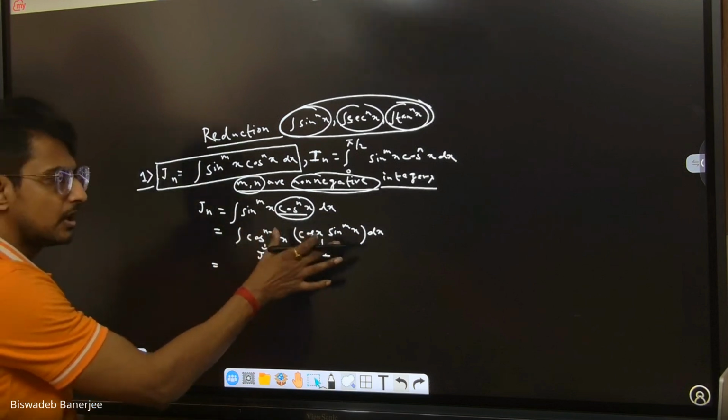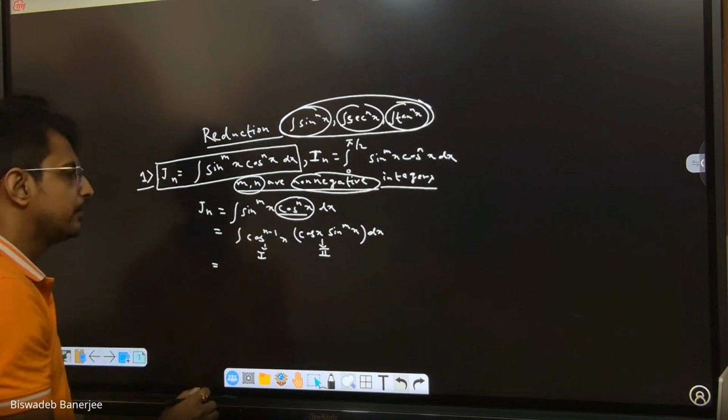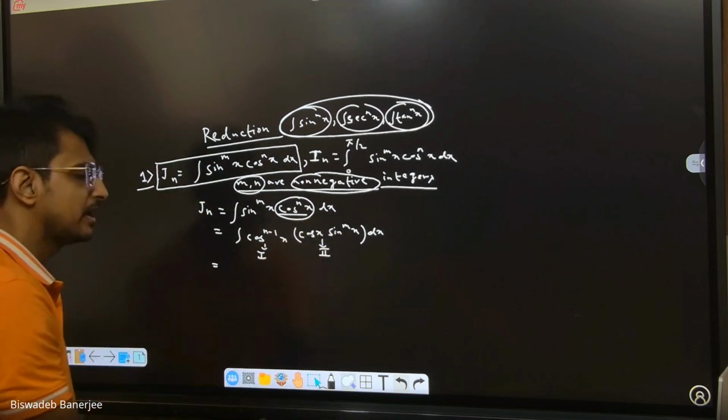So if we break this integration by the byparts method, see that cos to the power nx can be written as cos to the power n minus 1 x into cos x, and sin to the power mx remains as it is.